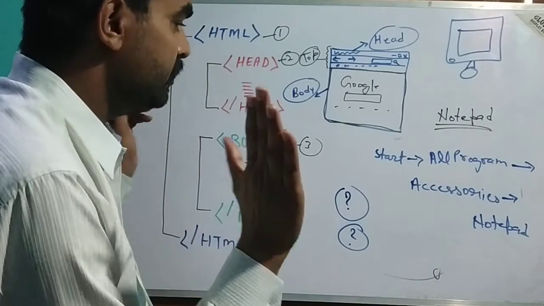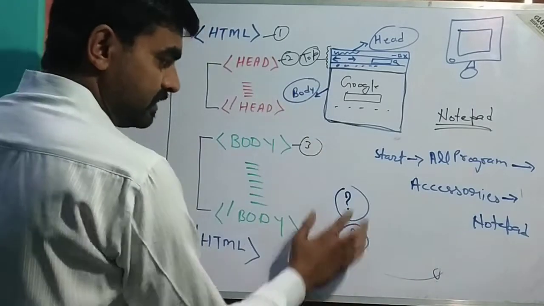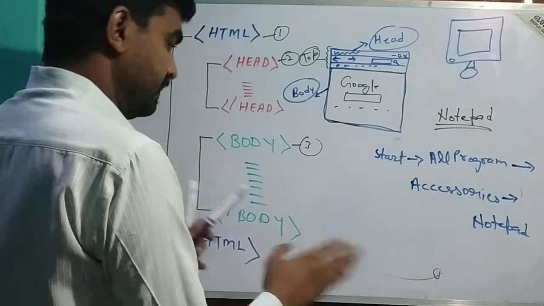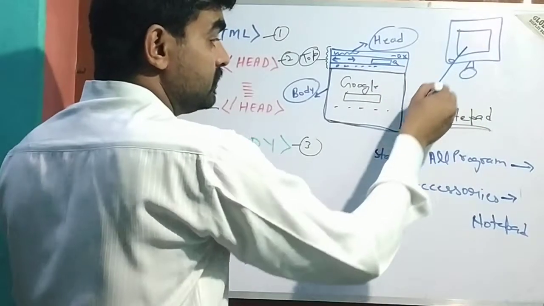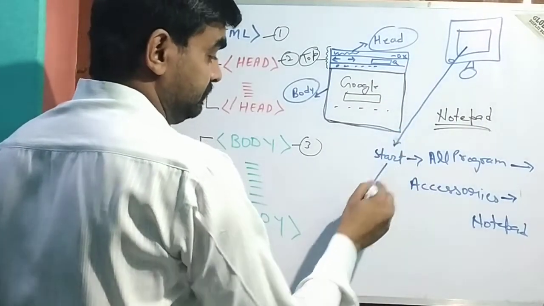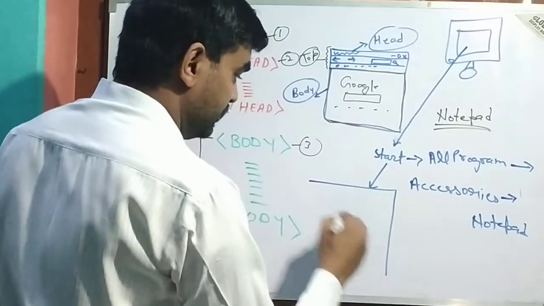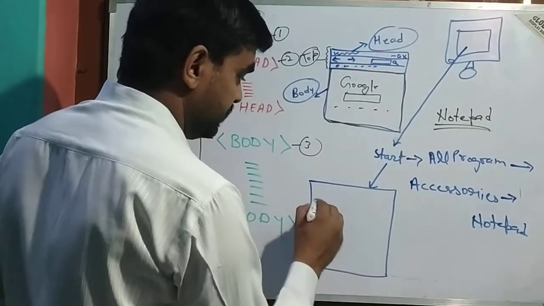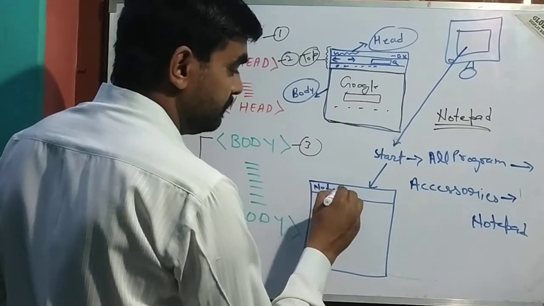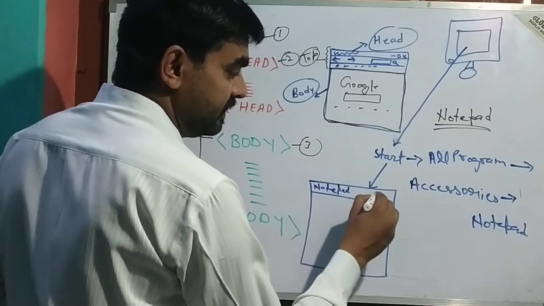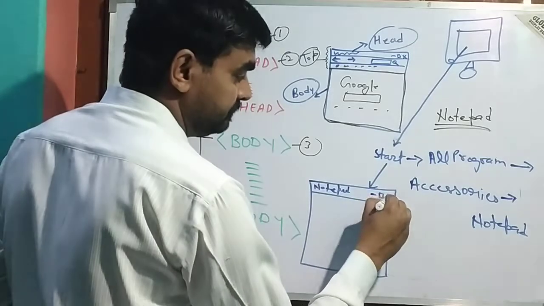And on this new page, I am going to erase the question. I will write here. This screen will look like that. A page. Here you will see the name Notepad and these 3 buttons.